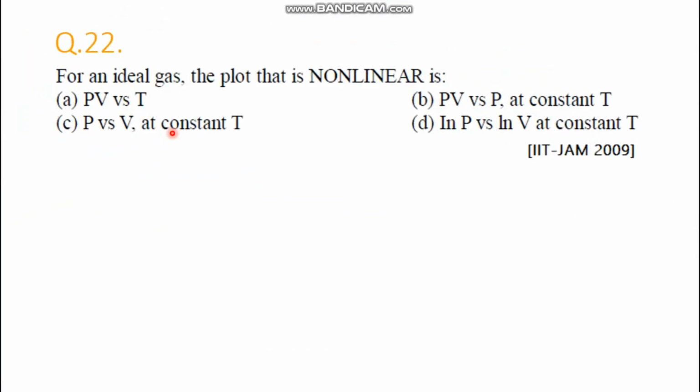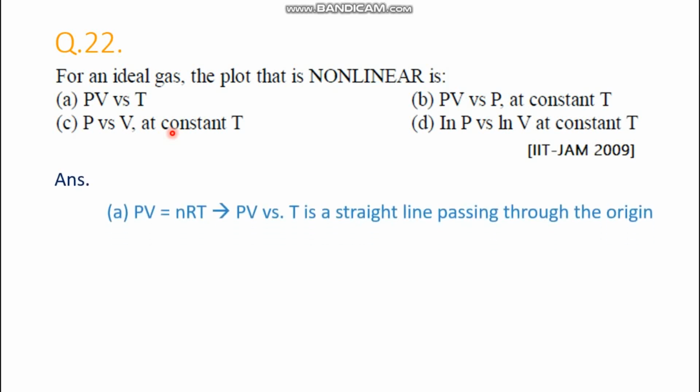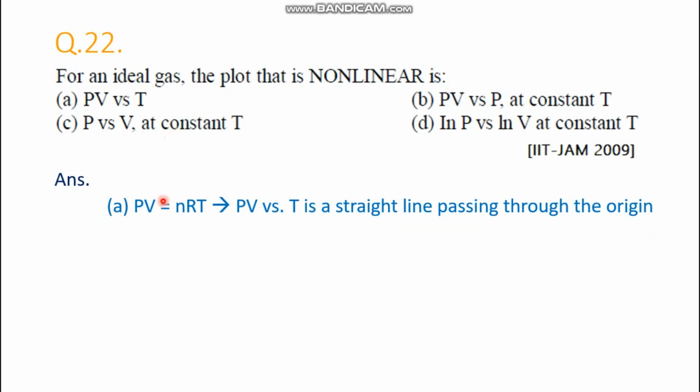And next question: for an ideal gas, the plot that is non-linear is which one? So we have to analyze all these options. Say option A, PV equals nRT. So PV versus T, isn't it? PV versus T would give a straight line passing through the origin, because this is a y equals mx plus 0 type of curve.